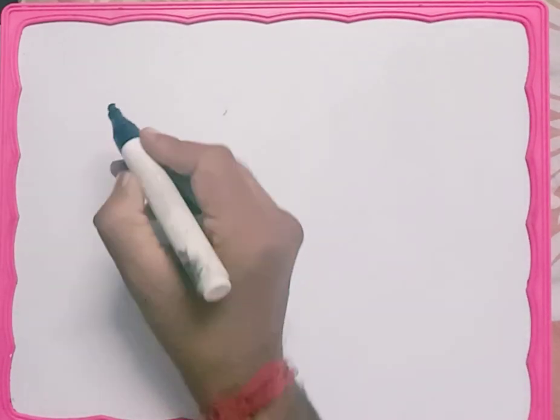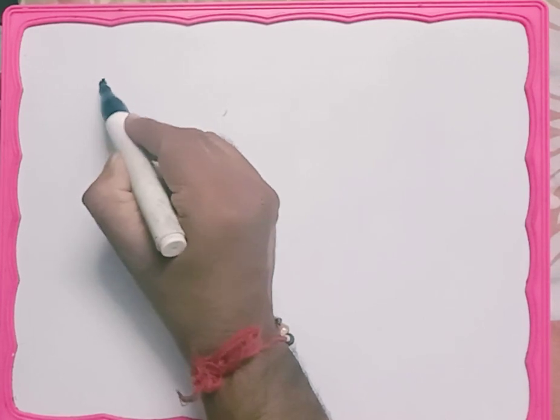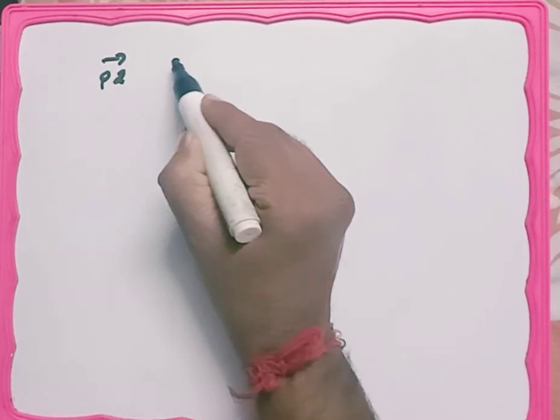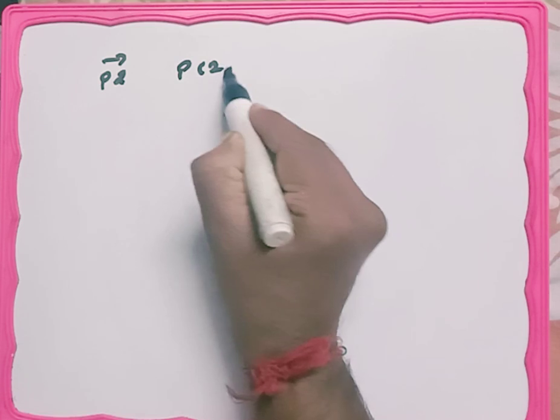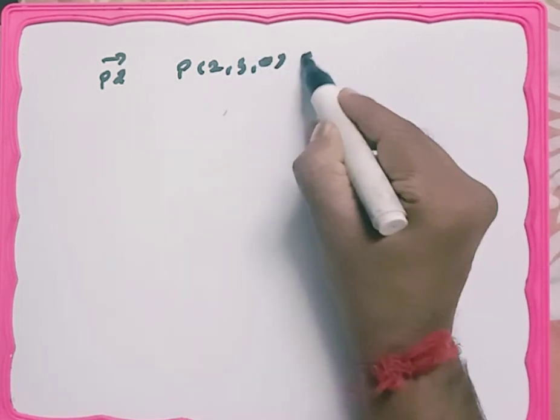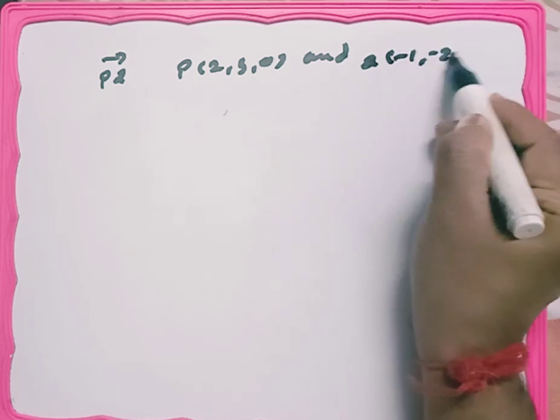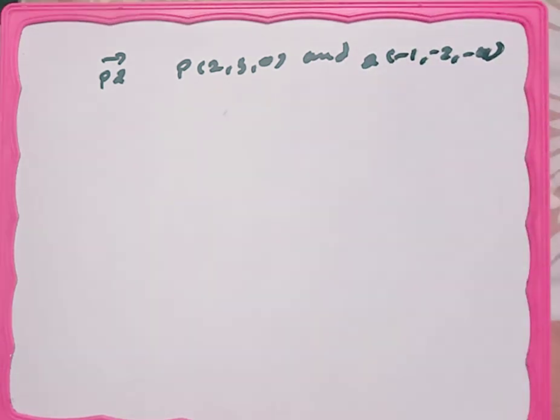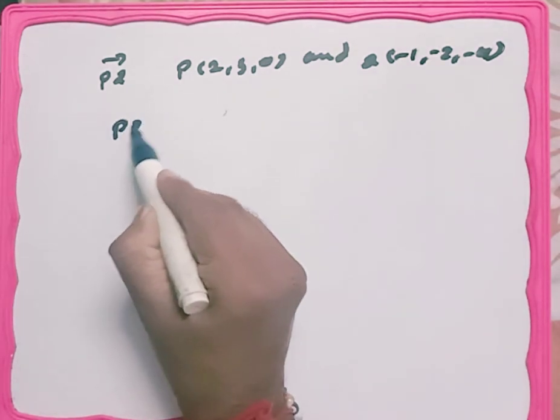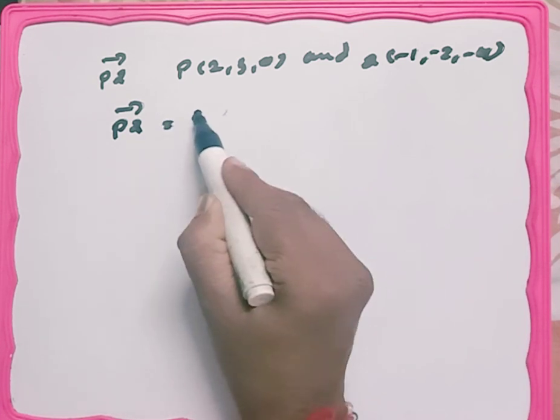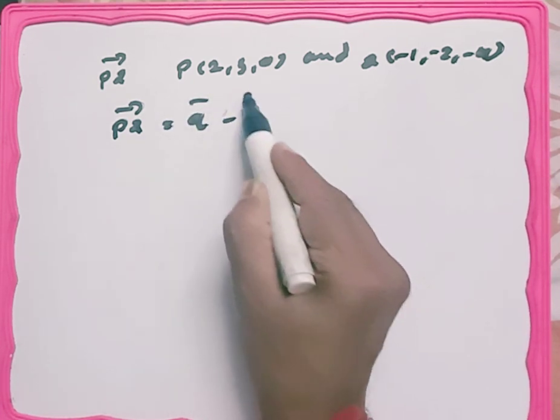Example 10: find the vector PQ which is joining P(2, 3, 0) and Q(minus 1, minus 2, minus 4). So we can write vector PQ equals Q bar minus P bar.